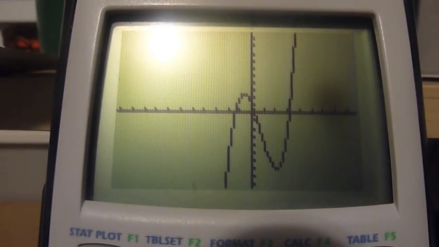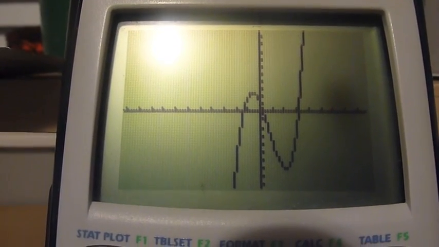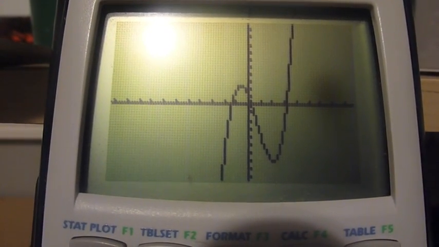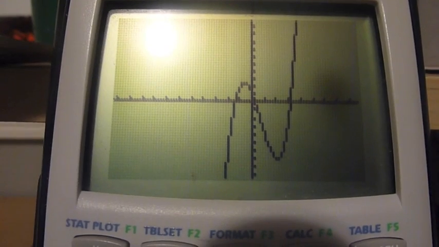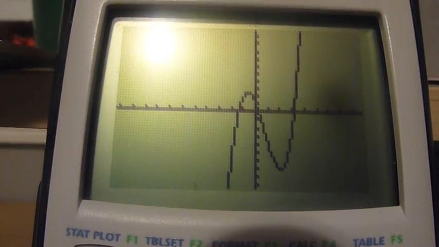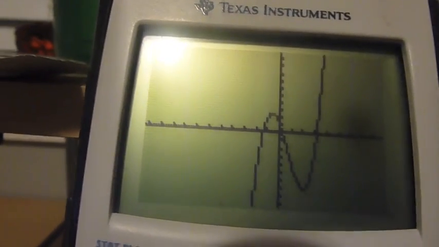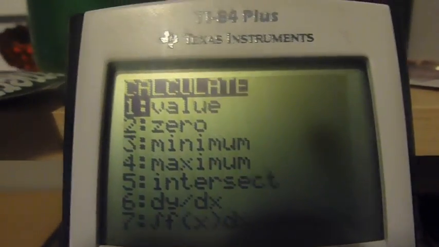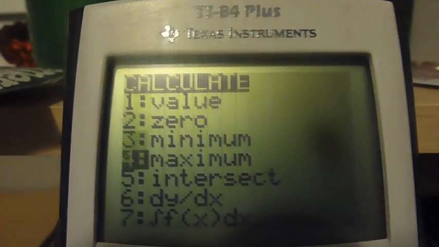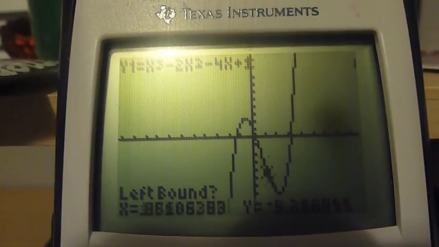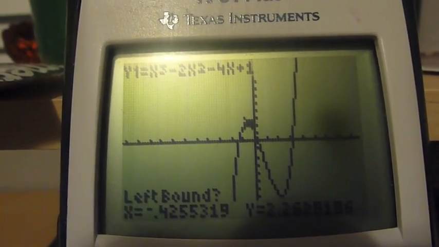So we've found our zeros, and in doing so we've also found all our intercepts that we need. Now to find our extrema, or our absolute max, you go second trace, down to maximum, enter, and then go to our highest point here.